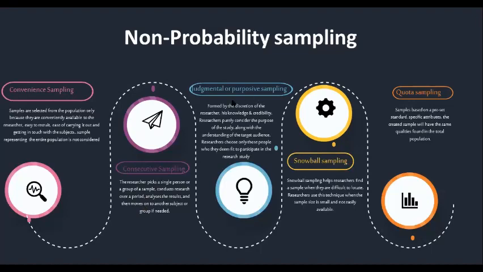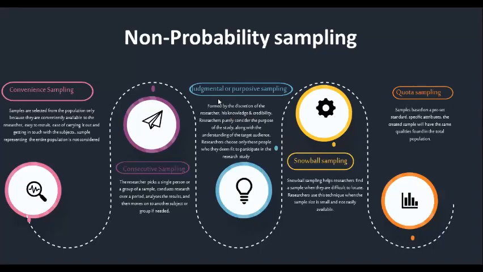Then comes judgmental or purposive sampling. Here it is actually based upon the judgment, the knowledge and the credibility of the researcher. Because it depends upon the judgment of the researcher, he is the best judge of whom he wants to study.